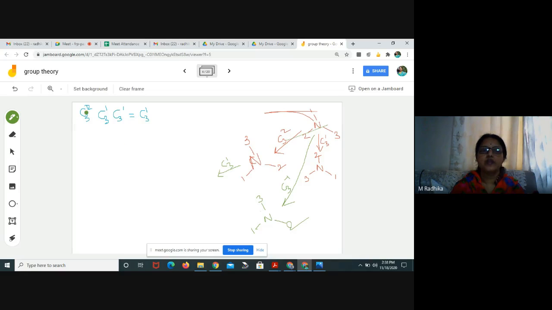This is done. Then I do C31. I have to rotate clockwise, so 1 will come here, 3 will come here and 2 will come here. Then I should do one more C31 to this.